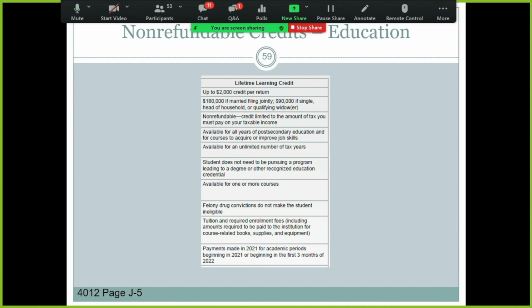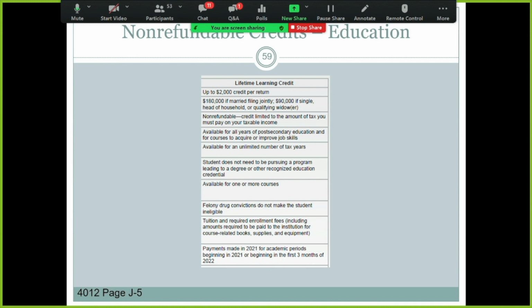There are income limitations that are listed. Again, it's non-refundable. The credit is limited to the amount of tax you must pay on your taxable income. It will not result in a refund if it's more than your tax. And it's available for all years of post-secondary education and course of study to acquire or improve job skills.